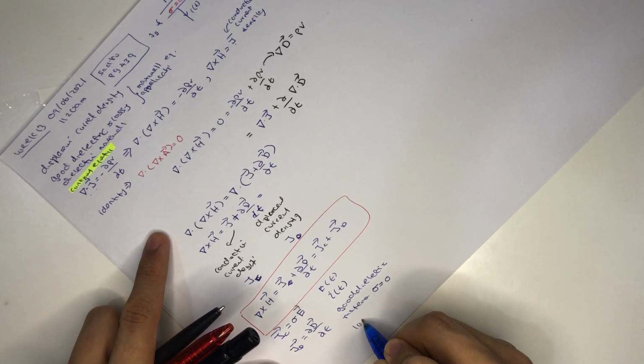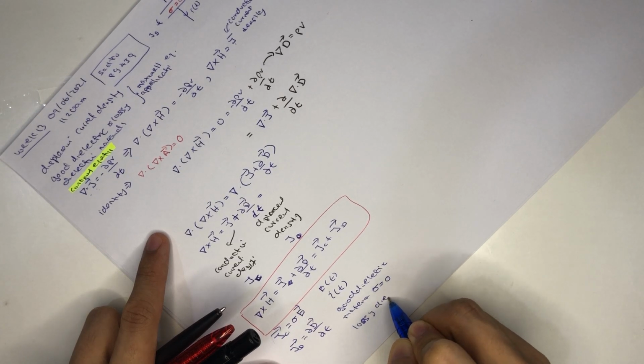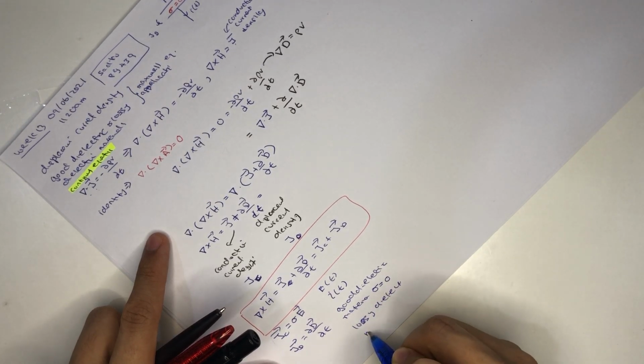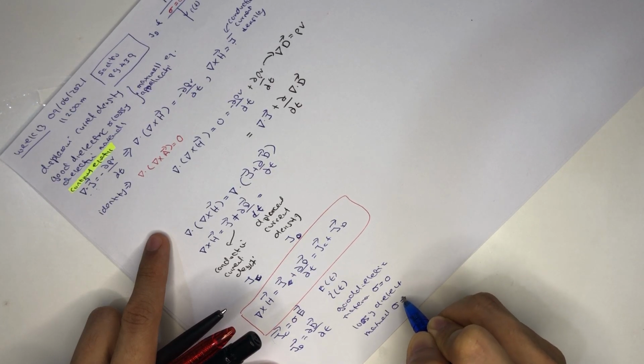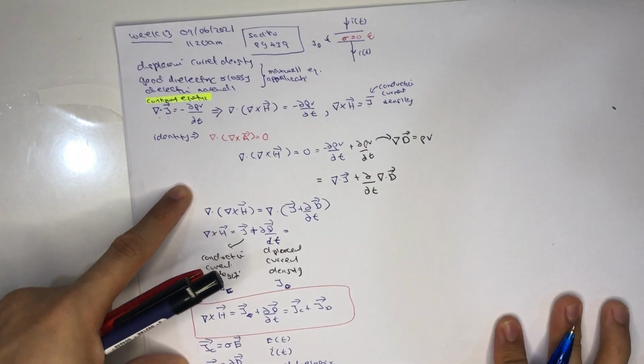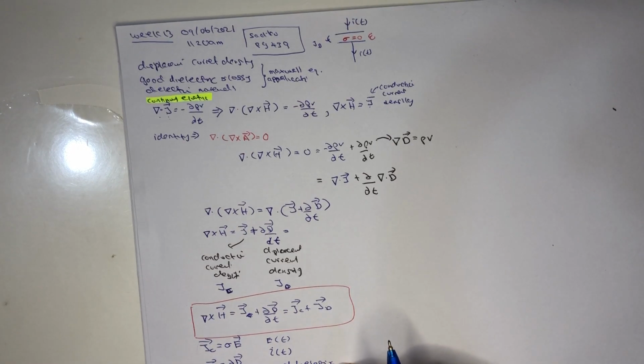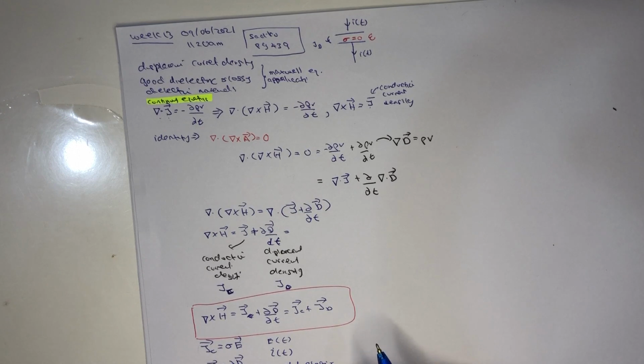And for a lossy dielectric material, your sigma should be not equal to 0. This one is for good dielectric material, which is usually expensive. In lossy dielectric material, we also have this sigma, which is not equal to 0 because it's not a perfect dielectric, it's lossy. However, it will have a small value of conductivity.